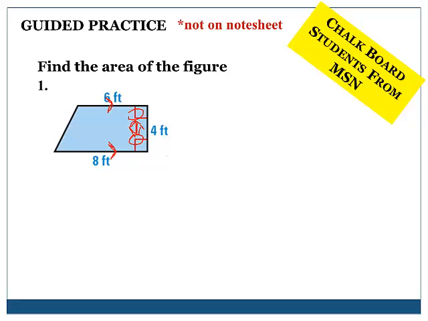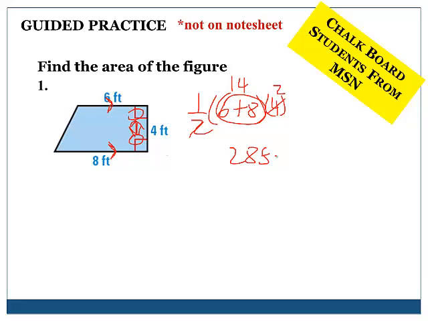So we do 1/2 base 1, which is 6, plus base 2, which is 8, times the height, which is 4. It doesn't matter exactly how you do the arithmetic. I'm going to do 14 times 2, which gives you 28. And again, don't forget your units, feet squared.